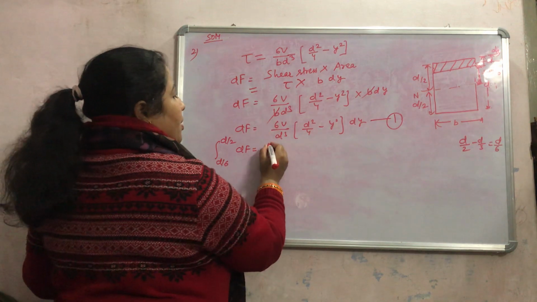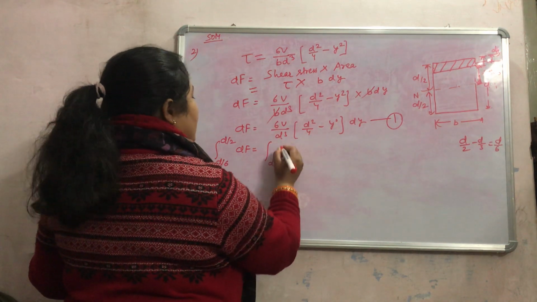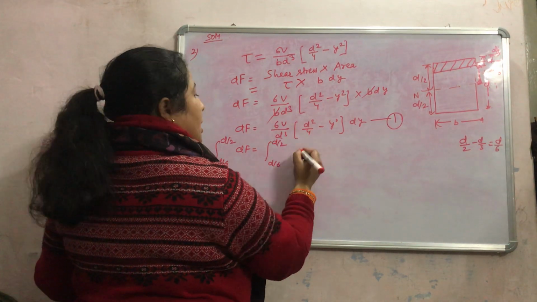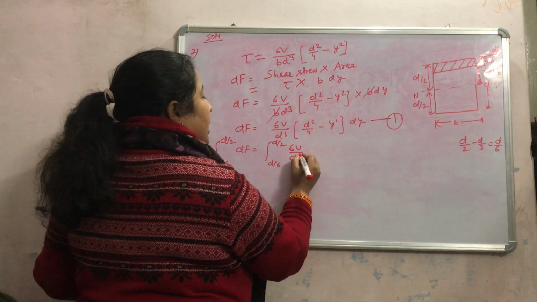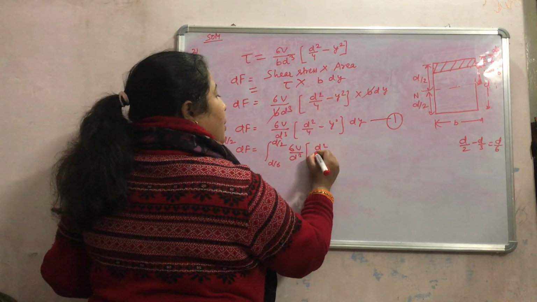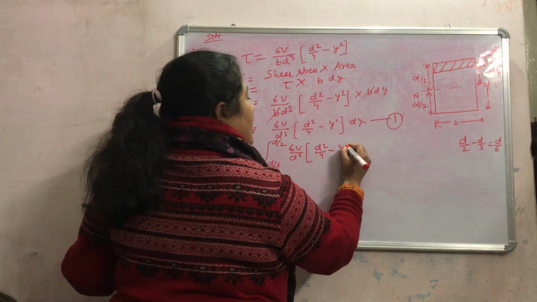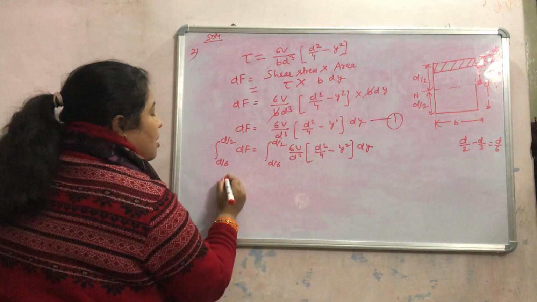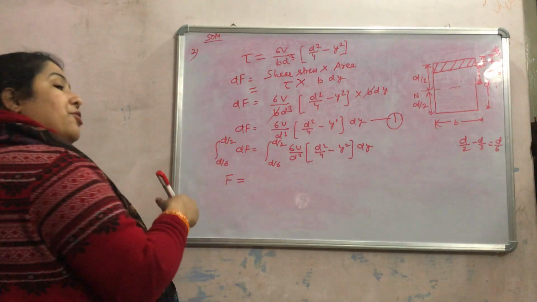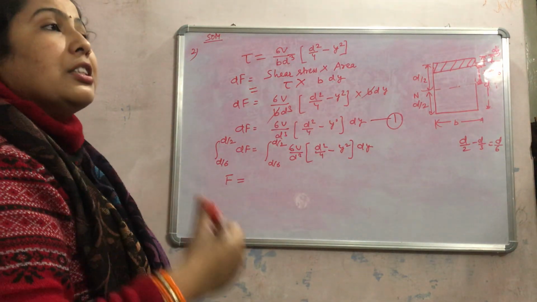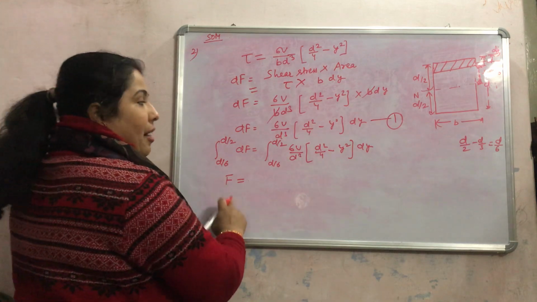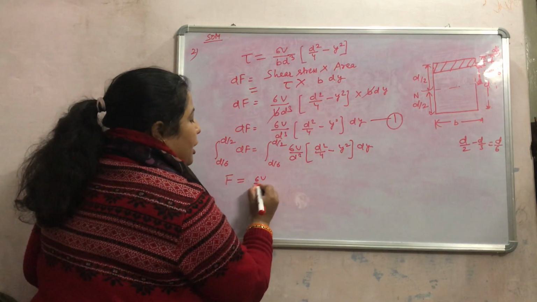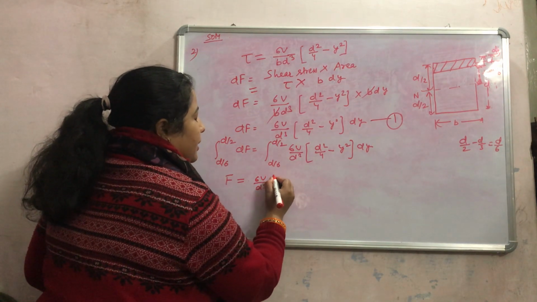F equal to the integral from d by 6 to d by 2 of 6V upon d cube into (d square upon 4 minus y square) dy. Integrate this: F is the shear force on the upper one-third of the cross section. 6V upon d cube is constant.